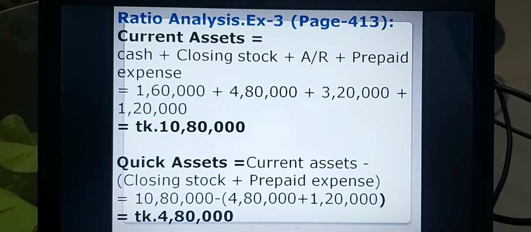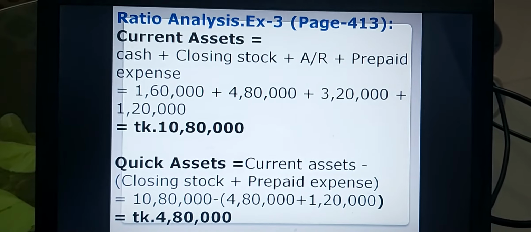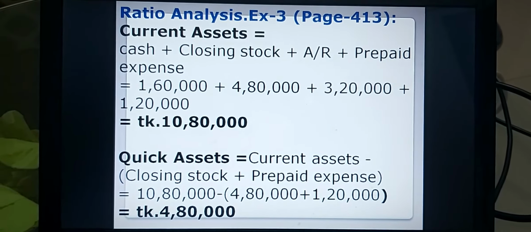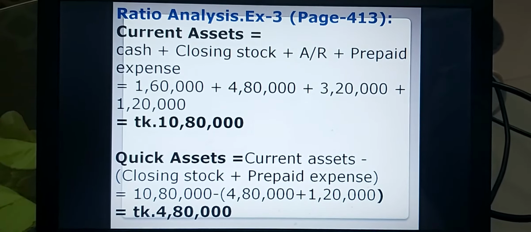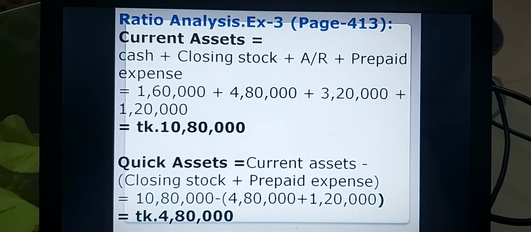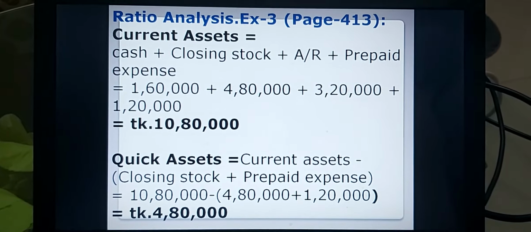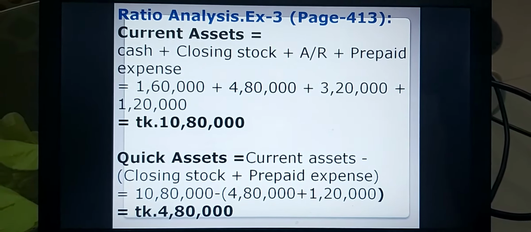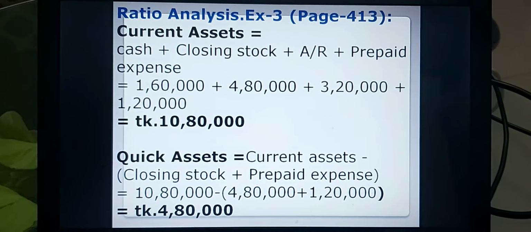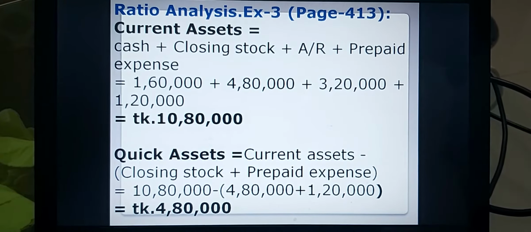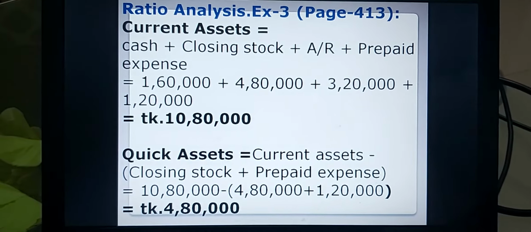Quick assets is equal to current assets minus closing stock and prepaid expenses. We have to find quick assets or liquid assets in this way. At first you have to write the formula of quick assets, that is current assets minus closing stock and prepaid expenses.